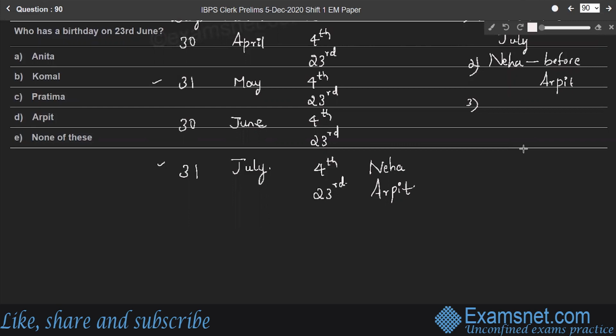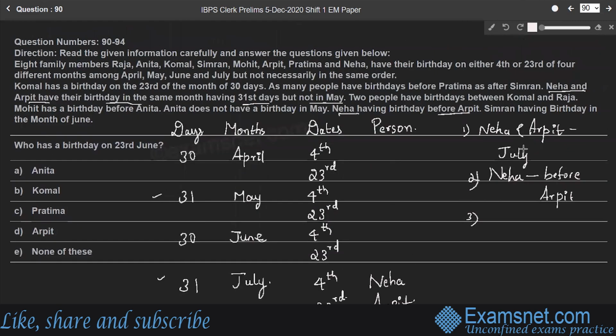Right? Next, second point. Here, Komal has a birthday on 23rd of the month of 30 days. Months having 30 days are April and June. And also 2 people have birthdays between Komal and Raja. So we'll consider Komal's birthday is in the month of June, and the date is 23rd according to the information.